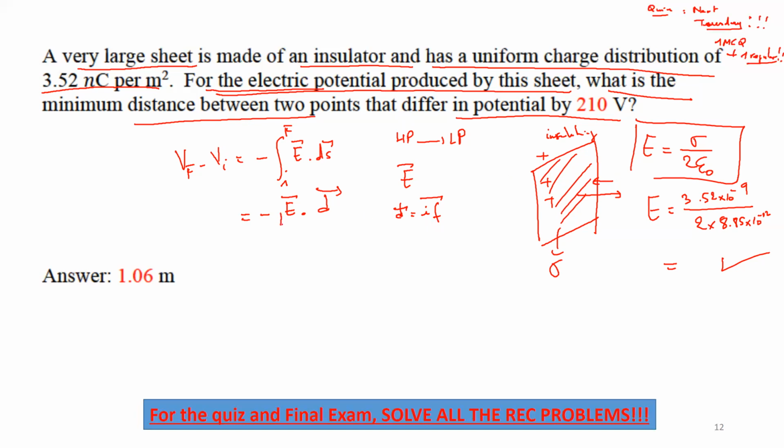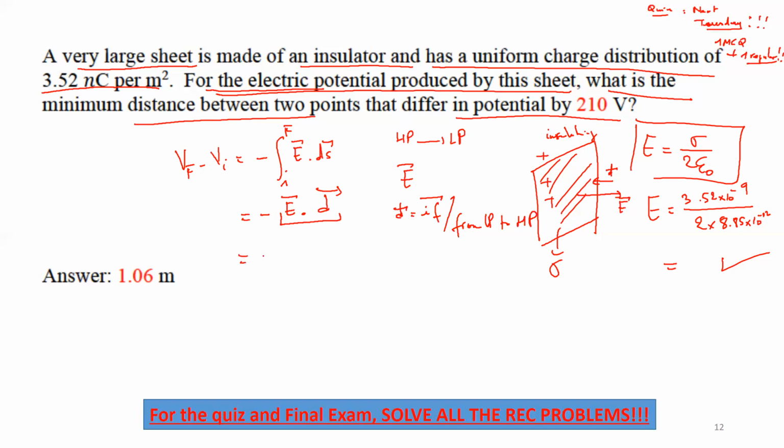So you have 180 degrees between them. This is E pointing away, but the displacement that I choose will be from low potential to high potential.